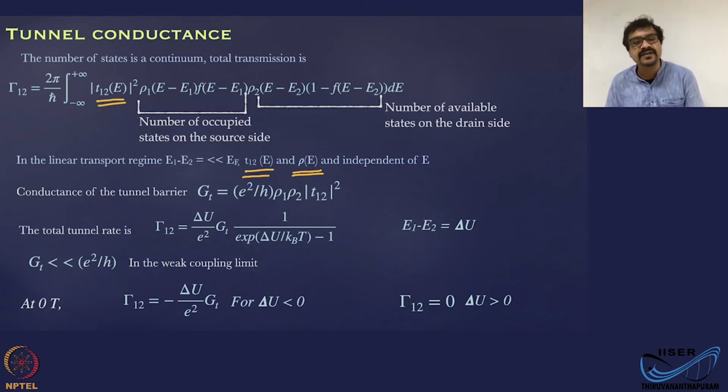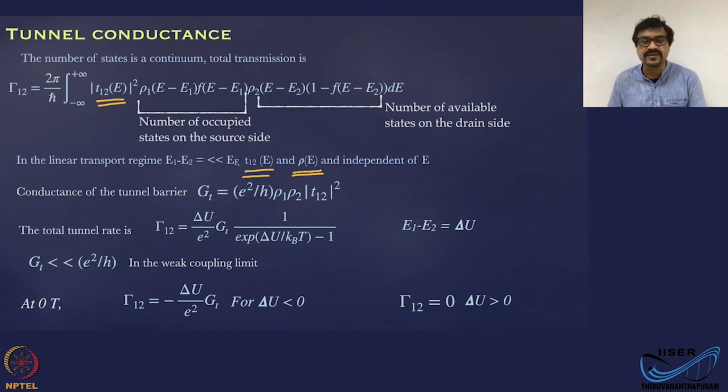Now the total tunnel rate, when you remove these terms out of the integral, is gamma 12 equals delta U by e squared into GT into 1 by exponential of delta U by kBT minus 1, where delta U is the energy gain because of the tunneling.